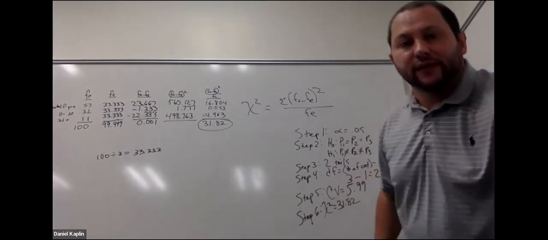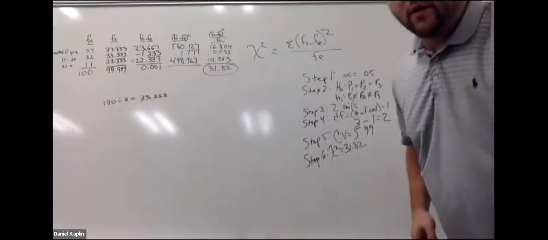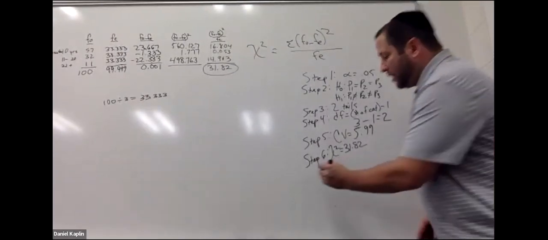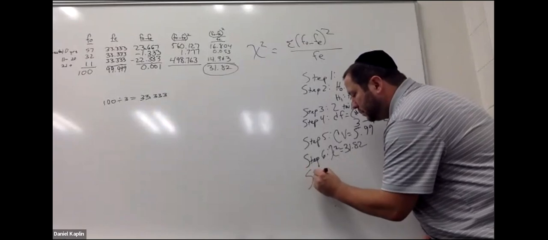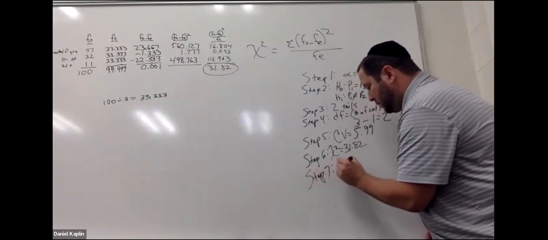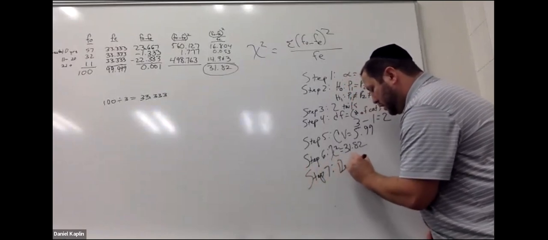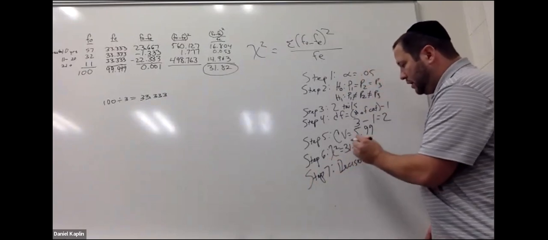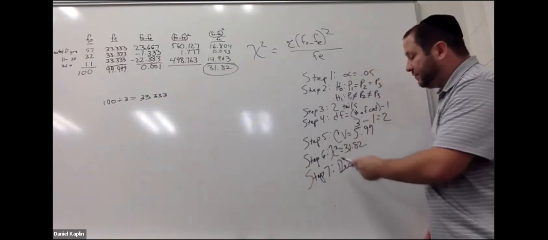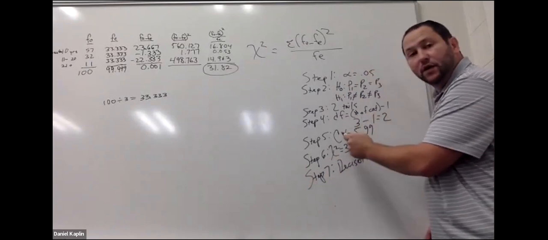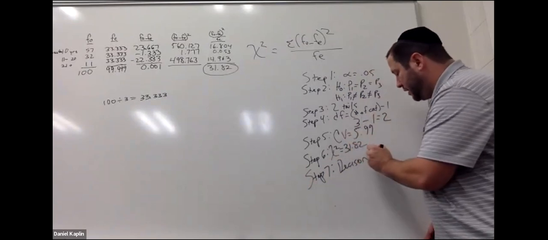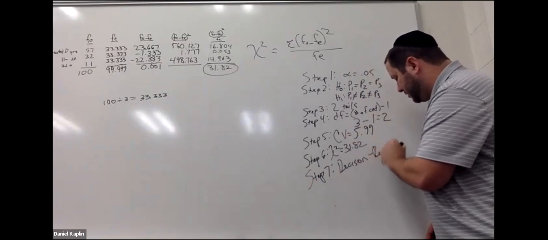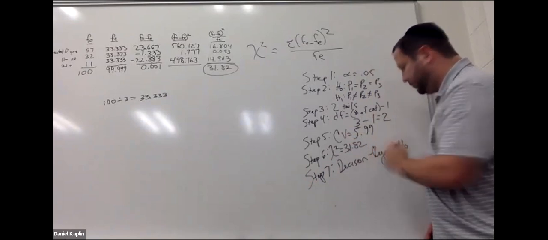So in this particular case, we are going to make our decision. And what is our decision? Well, we reject the null whenever the calculated value is equal to or greater than a critical value. So we're going to reject the null.